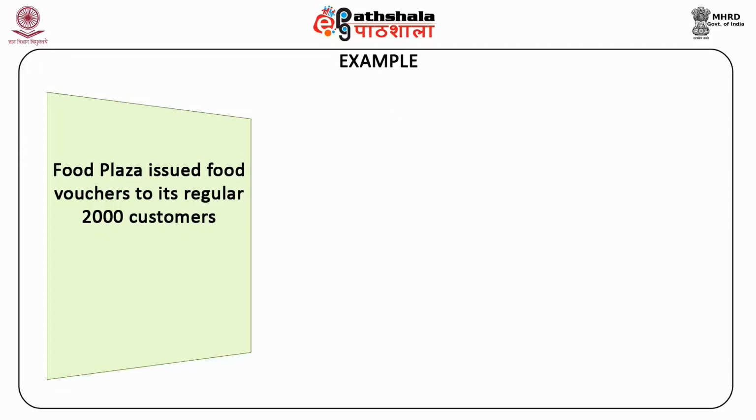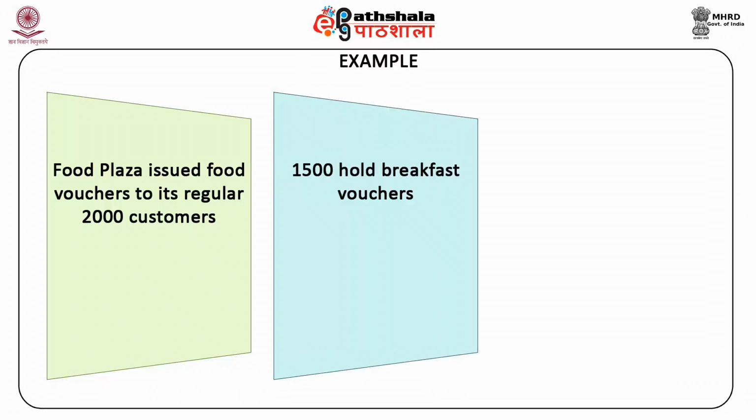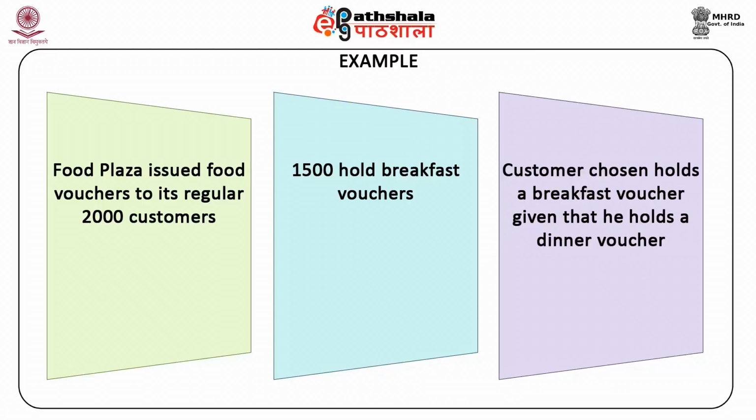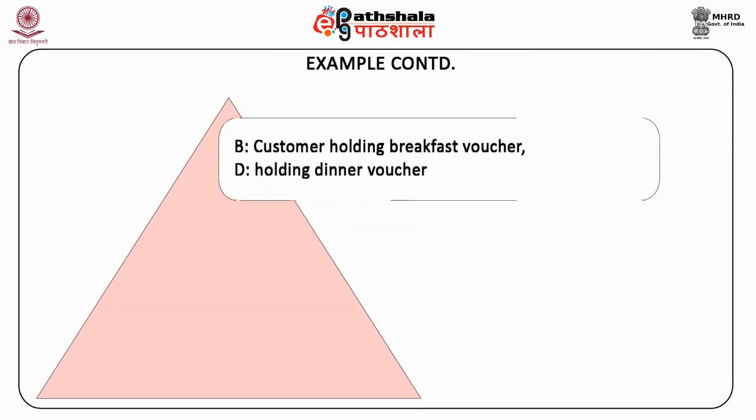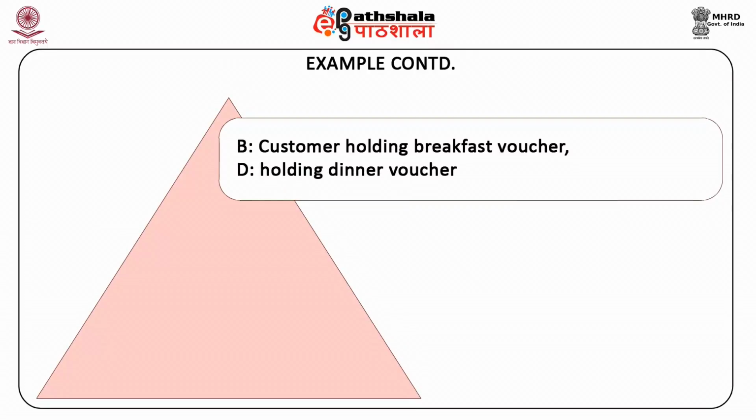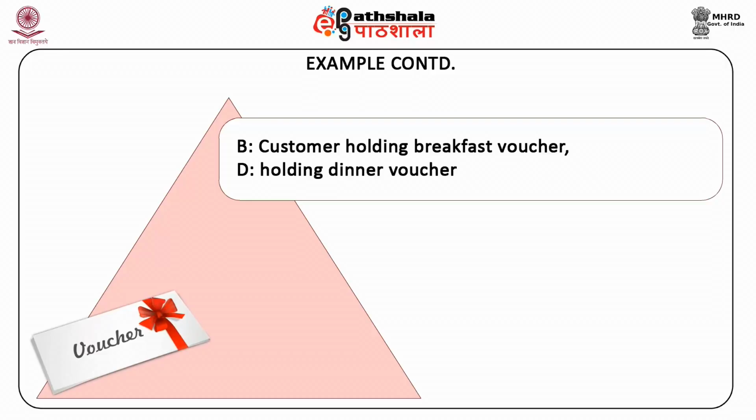Of these customers, 1,500 hold breakfast vouchers, 500 hold vouchers for dinner, and 40 hold both breakfast and dinner vouchers. Find the probability that a customer chosen at random holds a breakfast voucher given that the customer holds a dinner voucher.